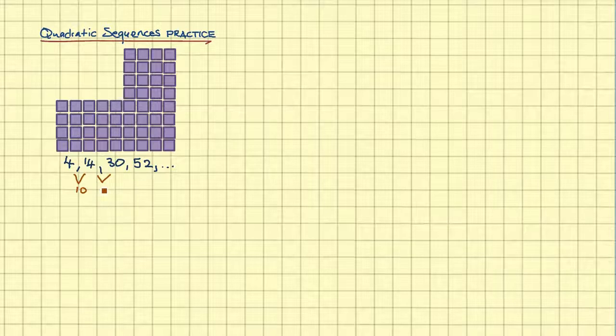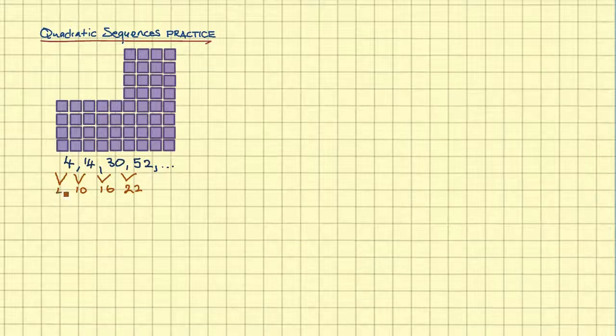So first of all, I'm going to get my first differences. The difference between 14 and 4 is 10. The difference between 30 and 14 is 16. The difference between 52 and 30 is 22. So I can see that my second difference is going to be 6.